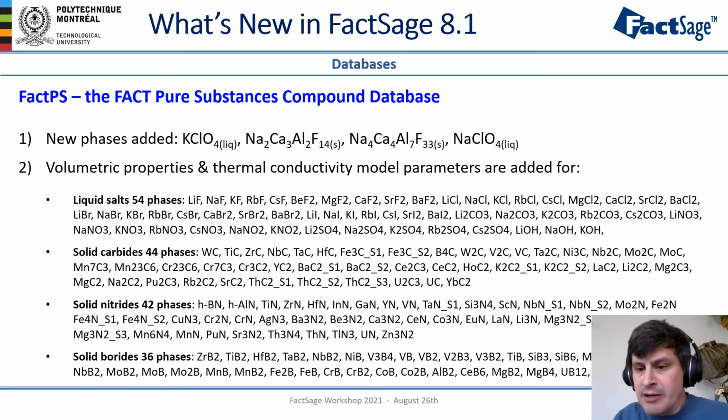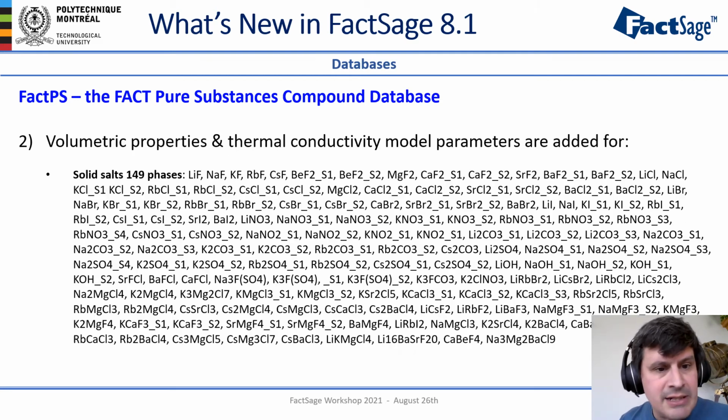In the FactPS Pure Substance Compound database, we added a few new salts, but the main change is the volumetric properties, so thermal expansion, compressibility, derivative of bulk modulus, density at room temperature, and the thermal conductivity model parameters that are added for 54 liquid salts, 44 solid carbides, 42 solid nitrides, 36 solid borides, and as you can see, these are binary carbides, nitrides, and borides, but also 149 solid salt compounds, including some ternary salt compounds, like some perovskites and so on.